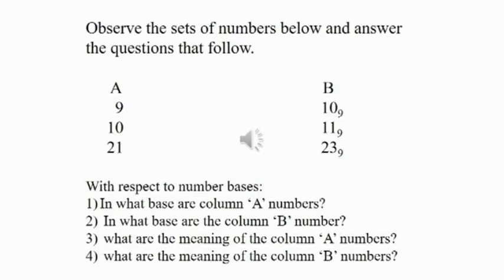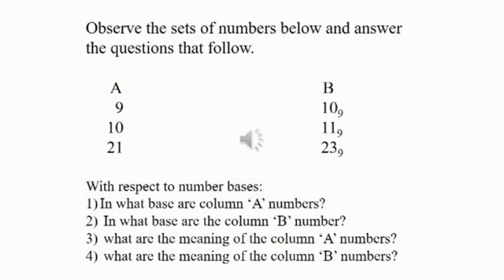The numbers are in 2 columns, column A and column B. The column A numbers are 9, 10, and 21, while the column B numbers are 10 subscript 9, 11 subscript 9, and 23 subscript 9.